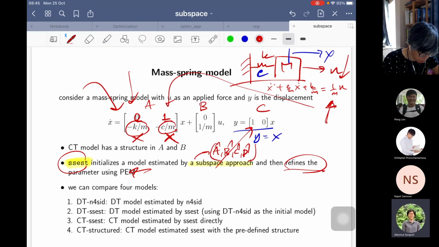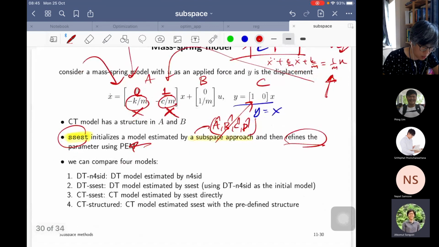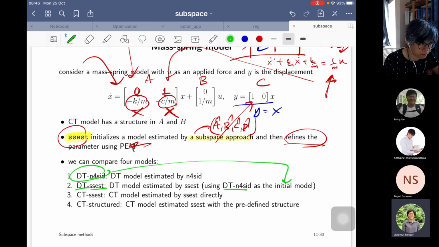Here we compare 4 models. First, a discrete time model using N4SID; second, a discrete time model using SS estimation, using the model from the first choice as the initial model. The third one uses continuous time; this command can also estimate a continuous time model directly, so it will transform back to continuous time for us.